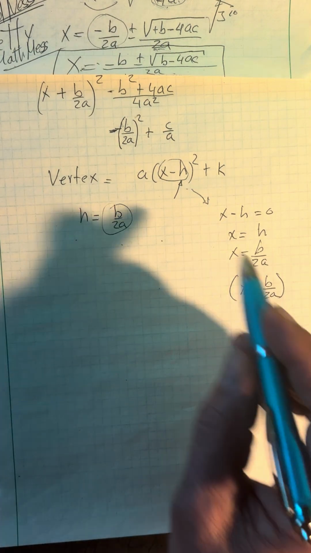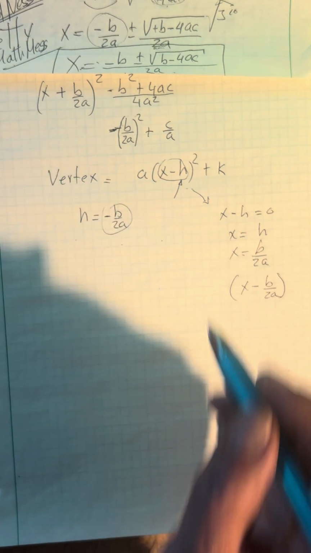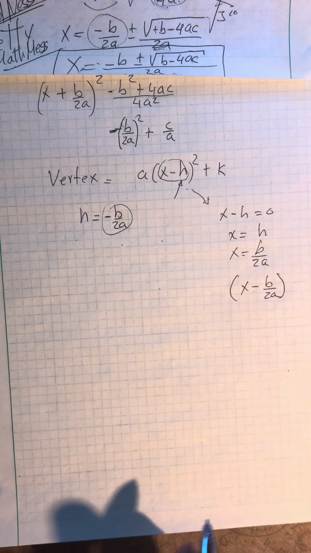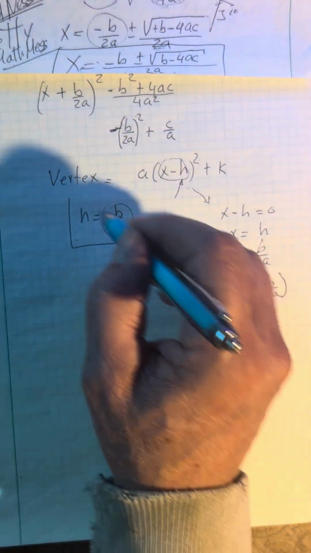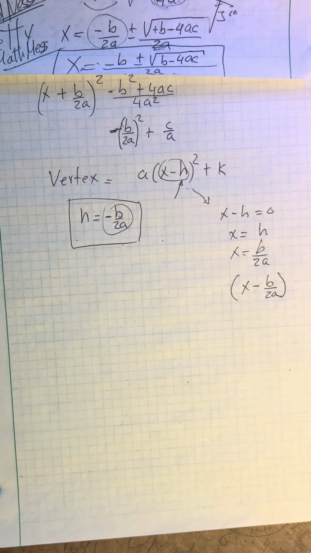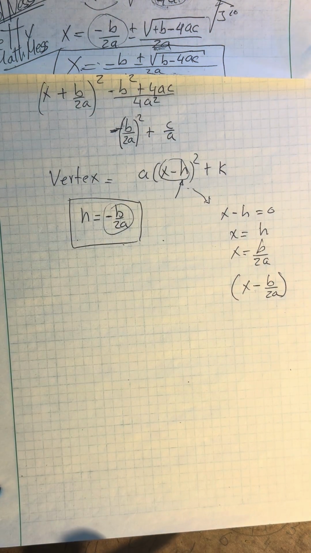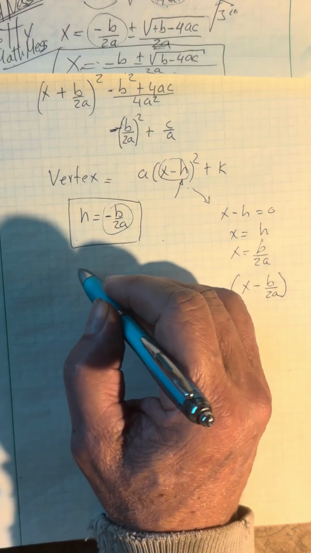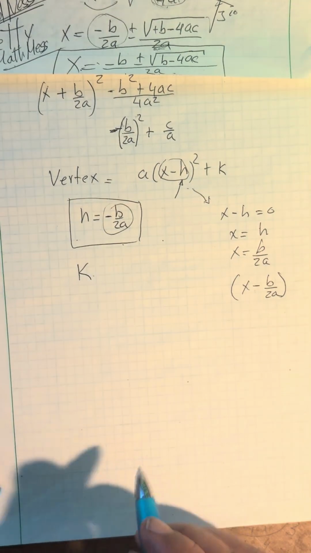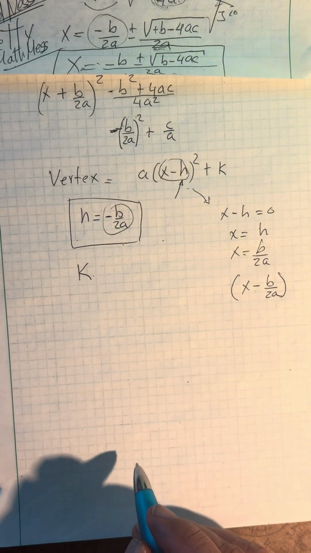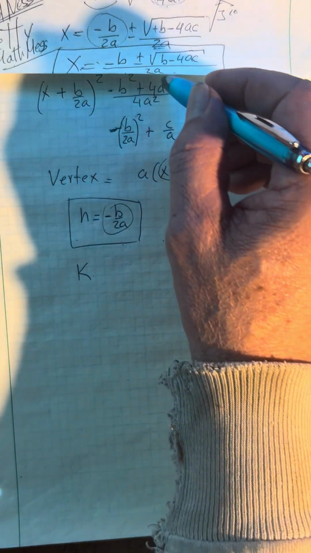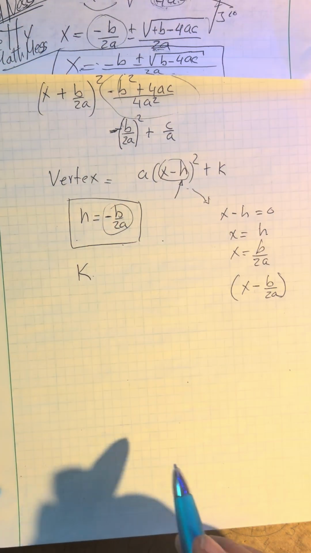So we have to put a negative sign there. Remember, we're trying to create a formula to find the vertex really fast. And we're going to test it. When we finish, we test it. And then k will be equal to this thing here, right?